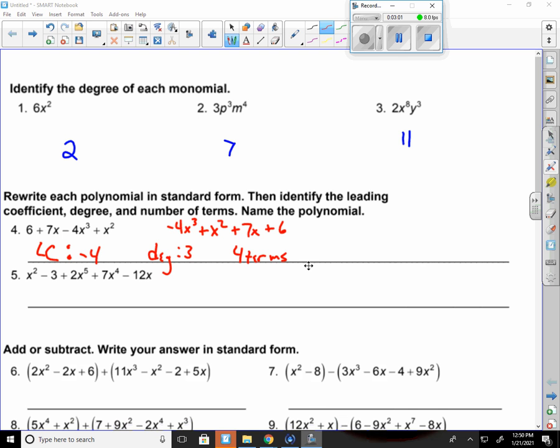And now we have to name this polynomial. So when we're looking at naming it, we have to look back at our chart. First, it is going to be a cubic, because my highest exponent is 3, and it has a degree of 3.